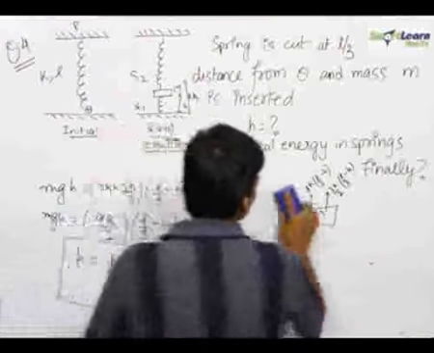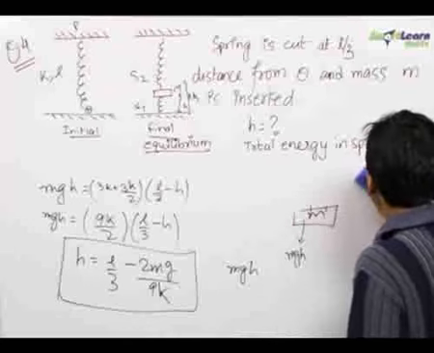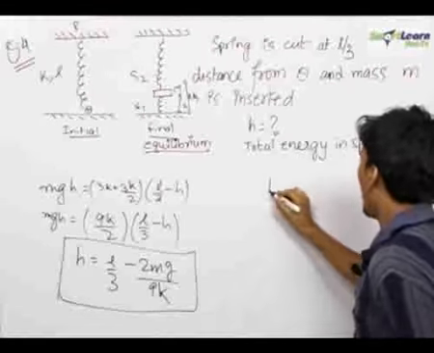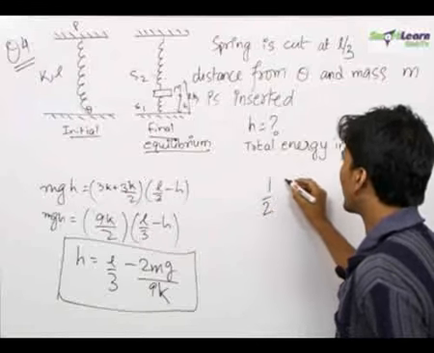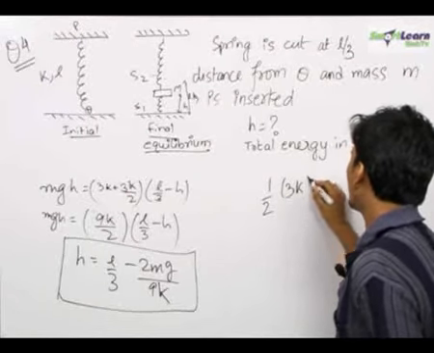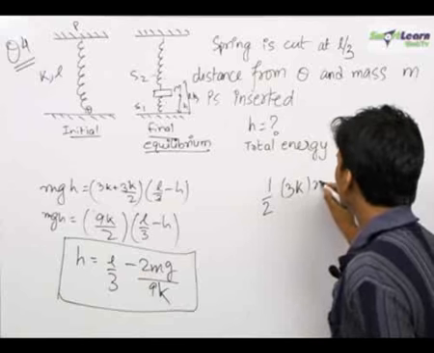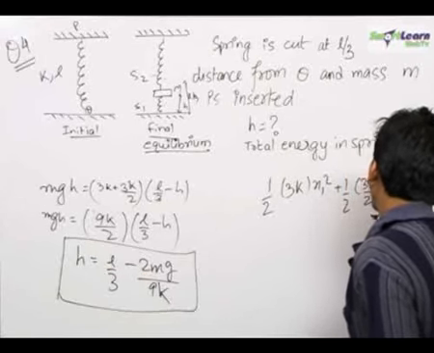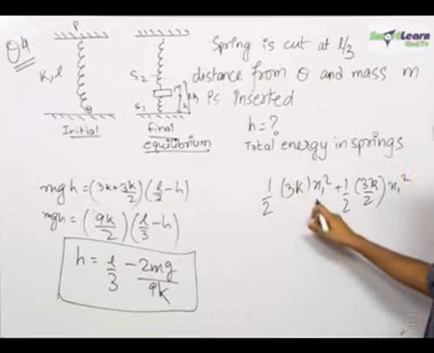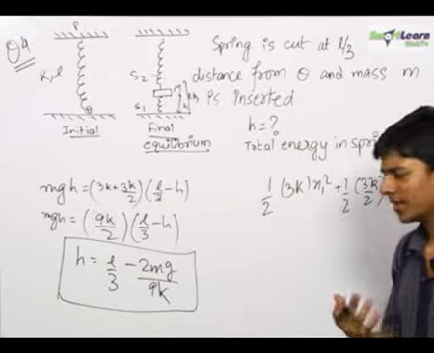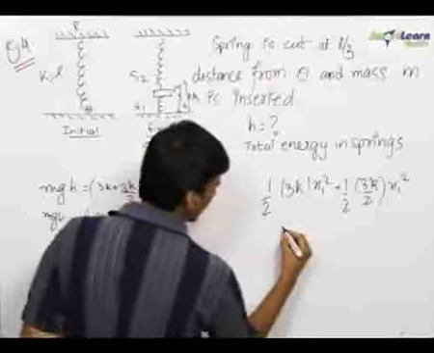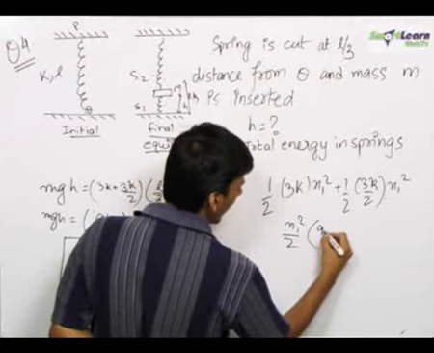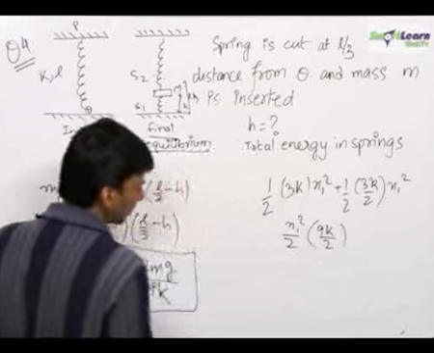Now to find out the total energy stored in the springs, we simply have to write half the spring constant of one spring, that is half into 3K into x1 square, plus half into 3K by 2 into x1 square again, because the extension and the compression in both the springs are same. So we can write this as x1 square by 2 into 9K by 2.